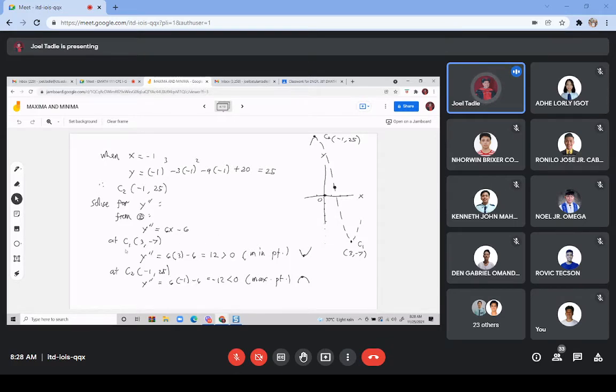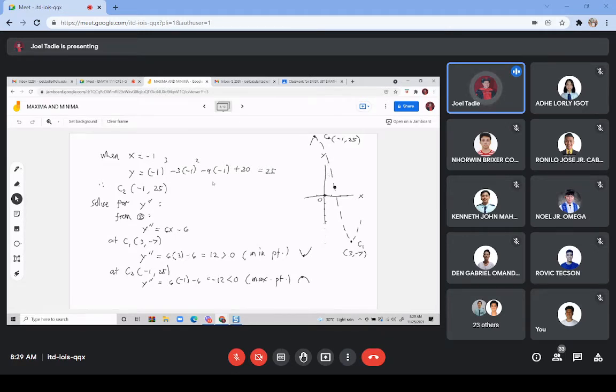Na-locate na to, asa nakita ang critical points. So, 3, negative 7, o negative 1, positive 25. Unya, kanang 3, negative 7, that is minimum. So, makita na to diri sa ato ang sketch. 3, negative 7. So, ang concavity sa curve is concave upward. Unya, ang negative 1, positive 25, critical point number 2, the curve is concave downward.